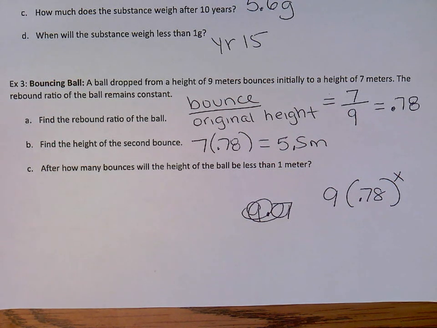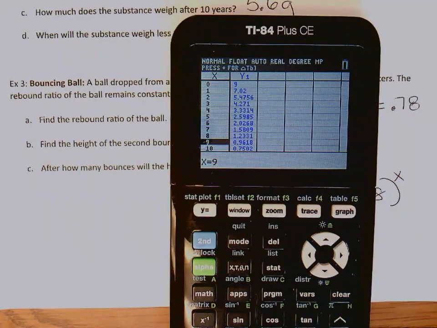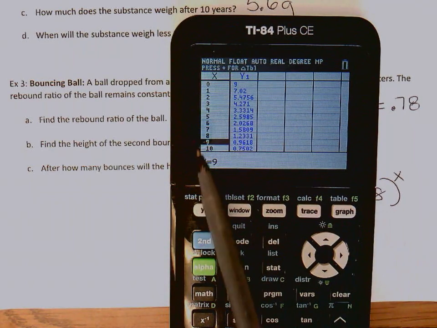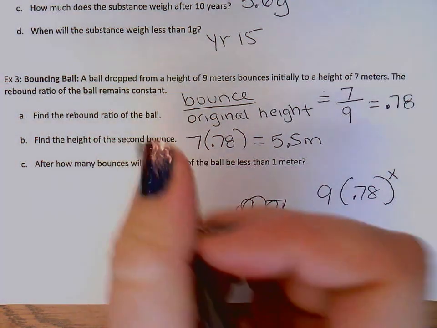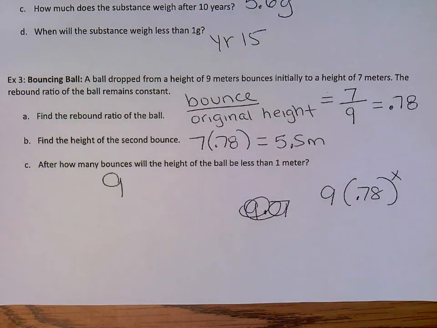Did anyone need help getting to their table? So I'm looking at the bounce number for when it is less than 1 meter, so 0.96. So ninth bounce. Did you get that? Okay, so I guarantee if you are following along and trying this with me, it gets you the calculator skills so that when you get to this on your own, you know what to do.